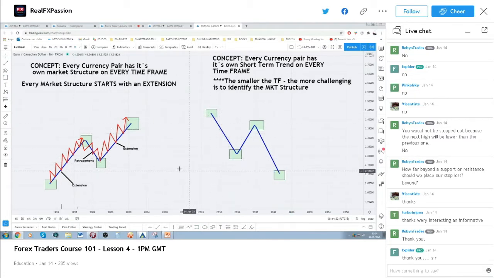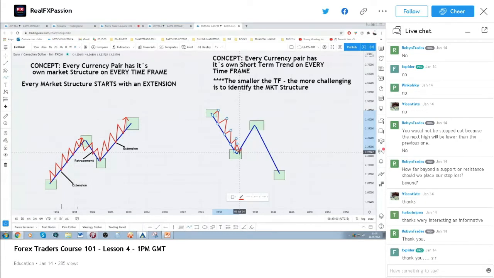And one more time. How are we going to identify when we are in an extension or when we are in a retracement? The answer is we are going to see a change in the short-term trend. So extension, the market is making lower lows, lower highs, lower lows, lower highs. Then at some point in time it is going to retrace.